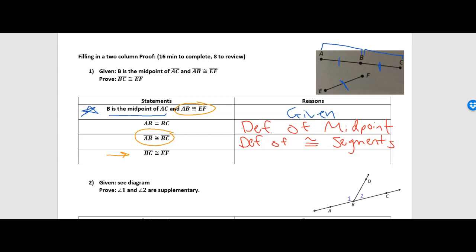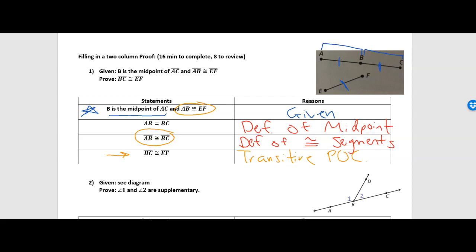Well, you could say one of two things. Notice that AB is congruent to both EF and BC, right? Which means that EF and BC have to be congruent to each other. That would be the transitive property of congruence, so POC.